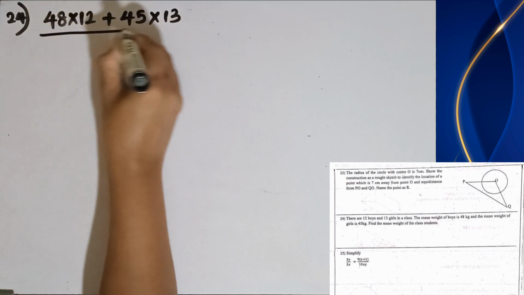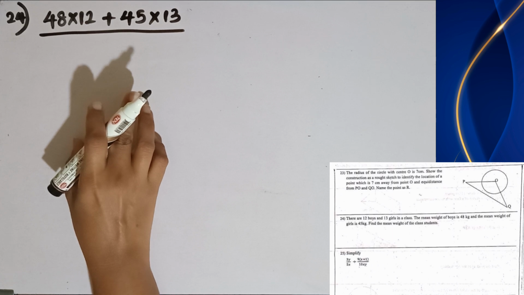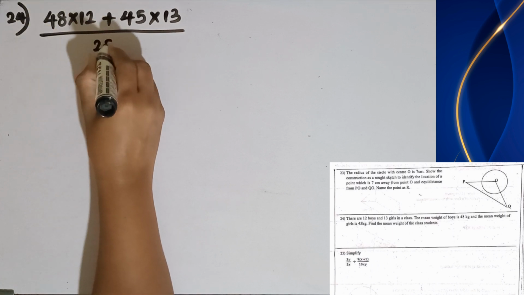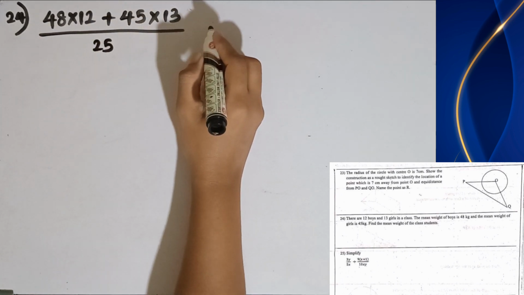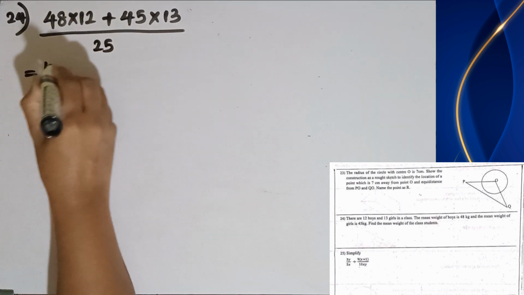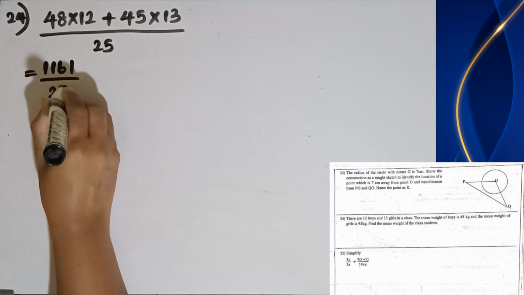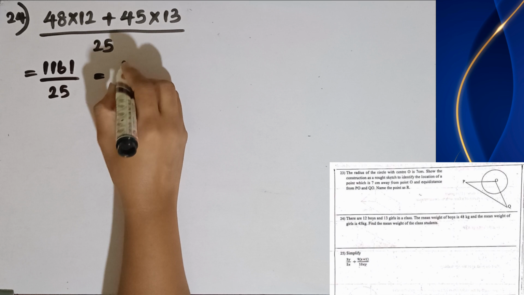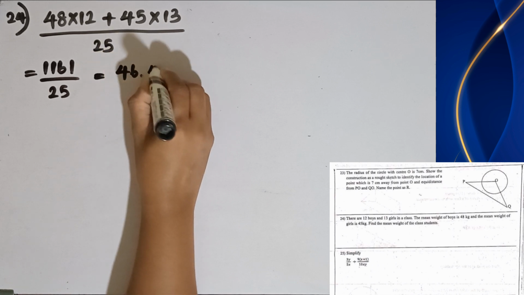This is the total weight of the students in the class. Then how many total students are there? 25, 12 plus 13. If you simplify this, you get 1161. Divide by 25. Then the mean weight of the class students will be 46.44 kilograms.